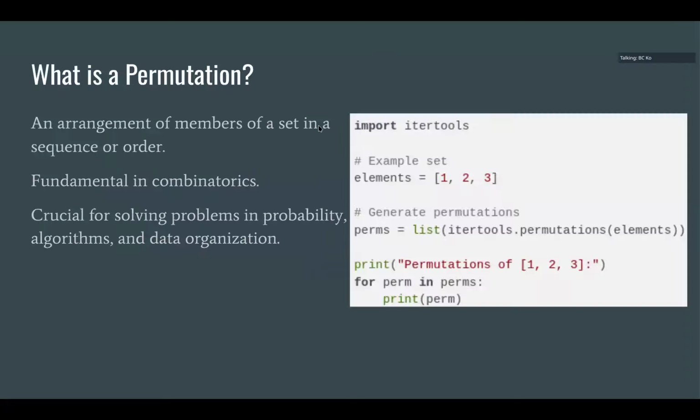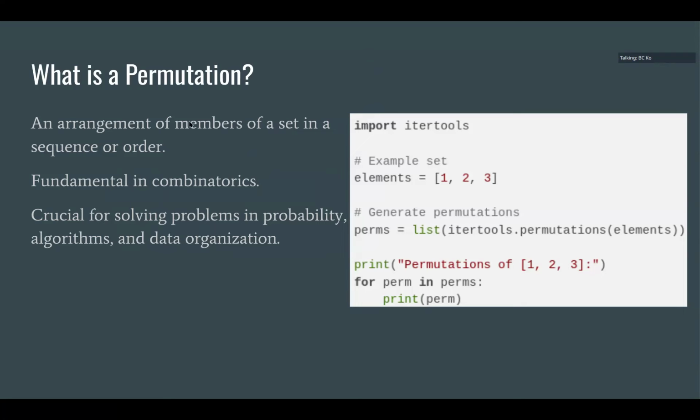What is a permutation? A permutation is an arrangement of all the members of a set into a particular sequence or order. This concept is important in combinatorics, which is the branch of mathematics that deals with combinations of objects.